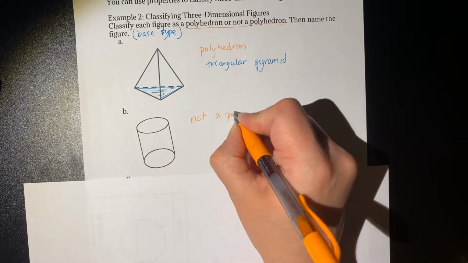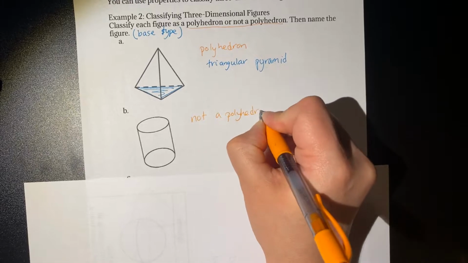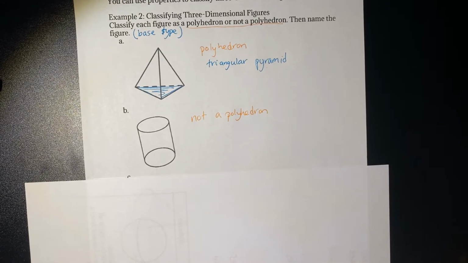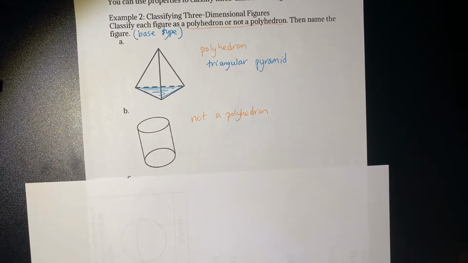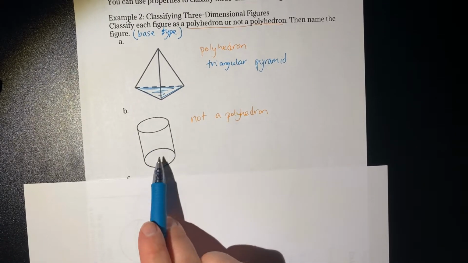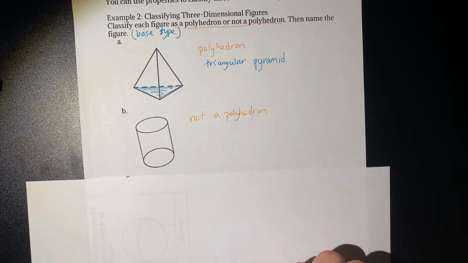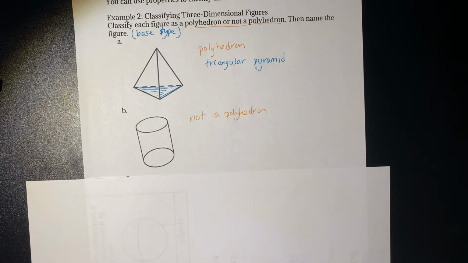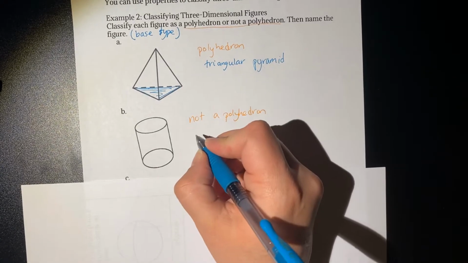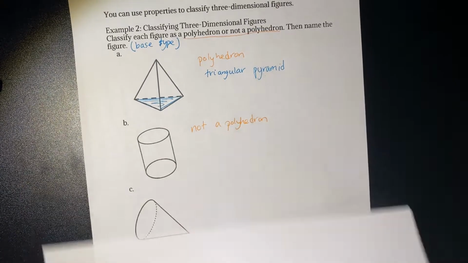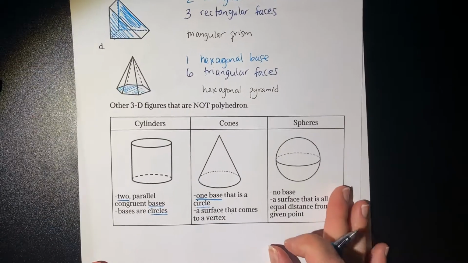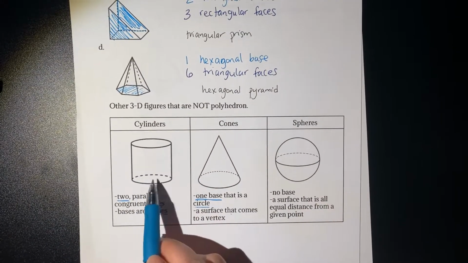Okay, so this shape is not a polyhedron. We have two bases that are circles. So if we look at our page from last time, two bases that are circles means we have a cylinder.